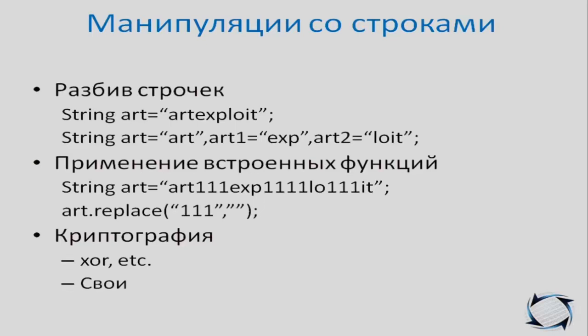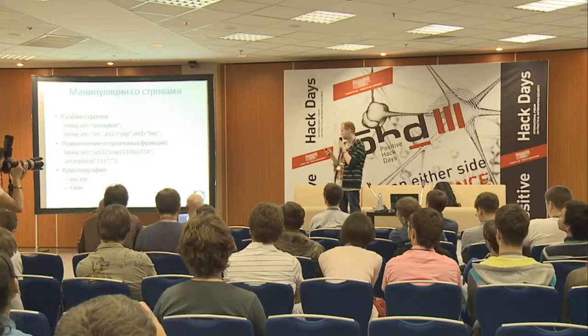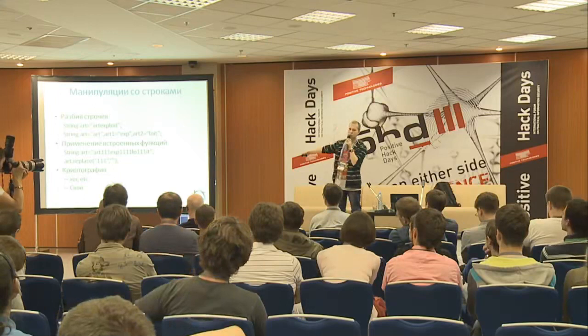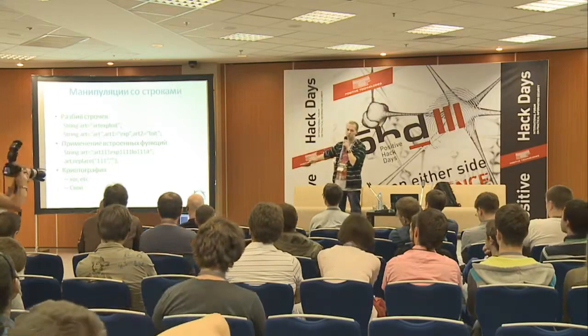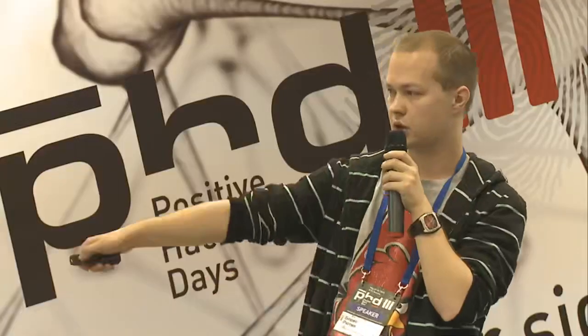But when compiling, Java combines it in one, so it doesn't really work. So we do not just simply split it into different blocks, but we do that with separate variables. Or, for instance, we can use the embedded functions, replace, for instance, and encryption.